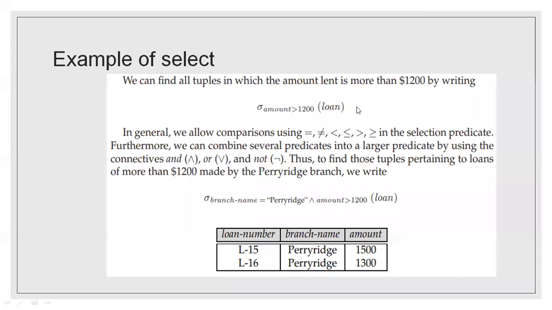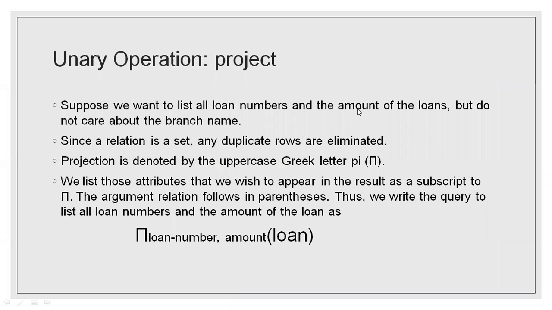Let us go to the next operation, project. Now, select and project are almost opposite to each other. Select selects the whole tuple, whereas project gives output of columns.